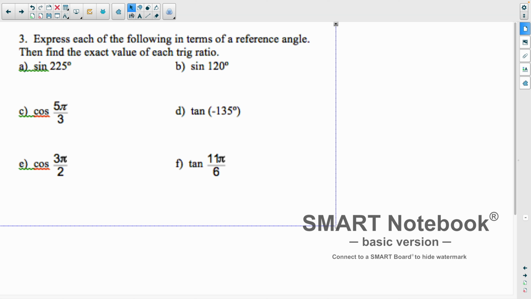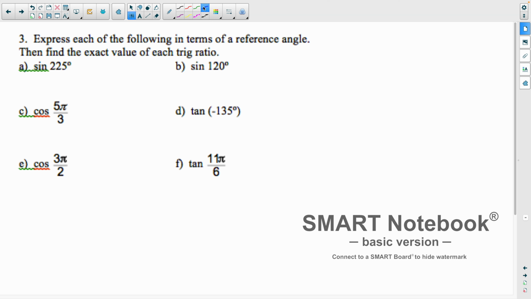So, 225, obviously that doesn't fit on my fingers. What's the reference angle? What's kind of the clue? It ends in a 5, right? Not everything ends in 5, but if they're asking you to do this by hand, and it ends in a 5, then it's probably a 45. So 45, 135, 225, 315.